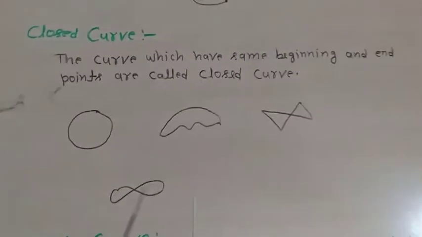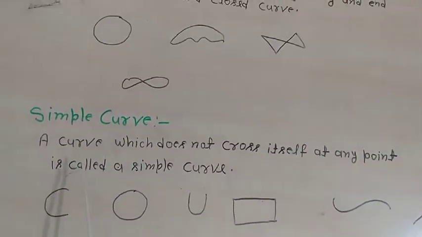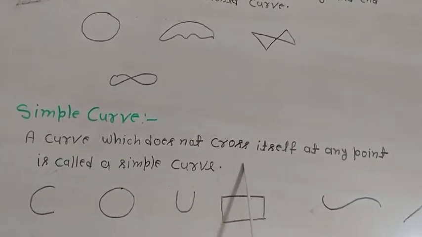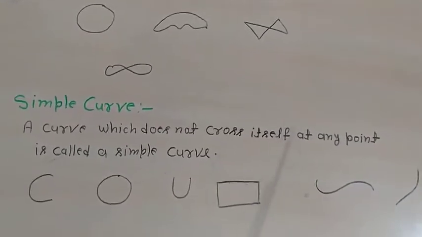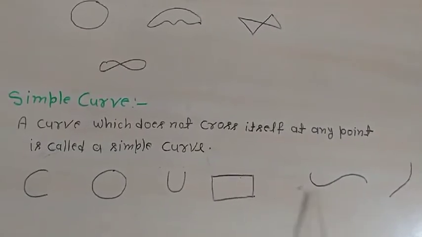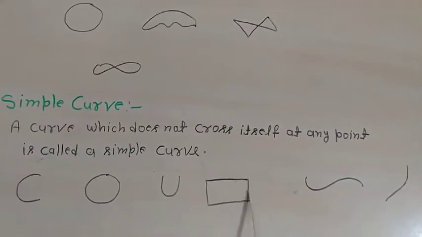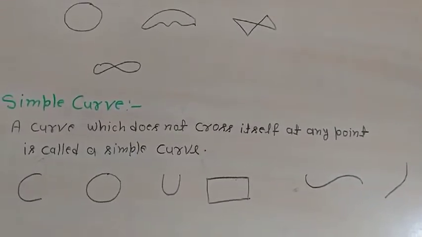Now, simple closed curve. A curve which does not cross itself at any point is called a simple curve. Okay, so you can see here all these curves do not cross themselves at any point, so it is a simple curve.